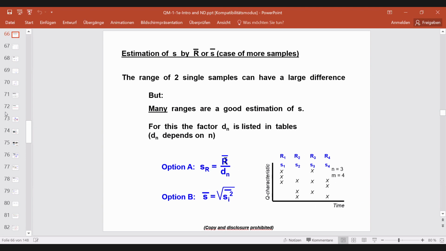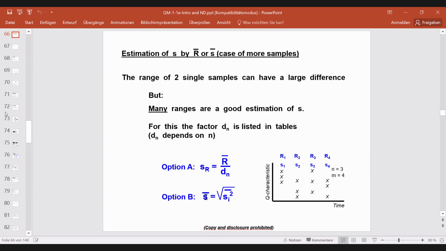If you take the mean of the ranges, this means R1 plus R2 plus R3 plus R4 divided by 4, then you have the mean of the ranges, and then it is divided by dn. dn is a table value. I will show you this on the next sheet, and then you can calculate the S, and the S is coming out of the ranges.